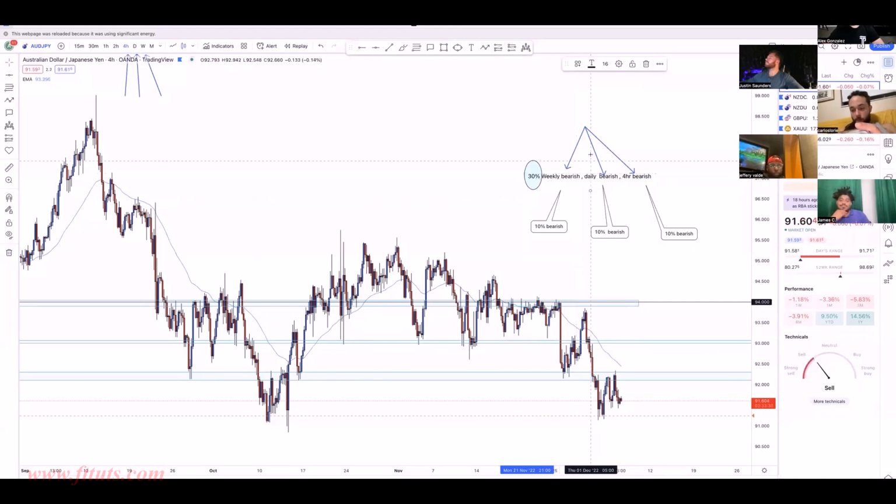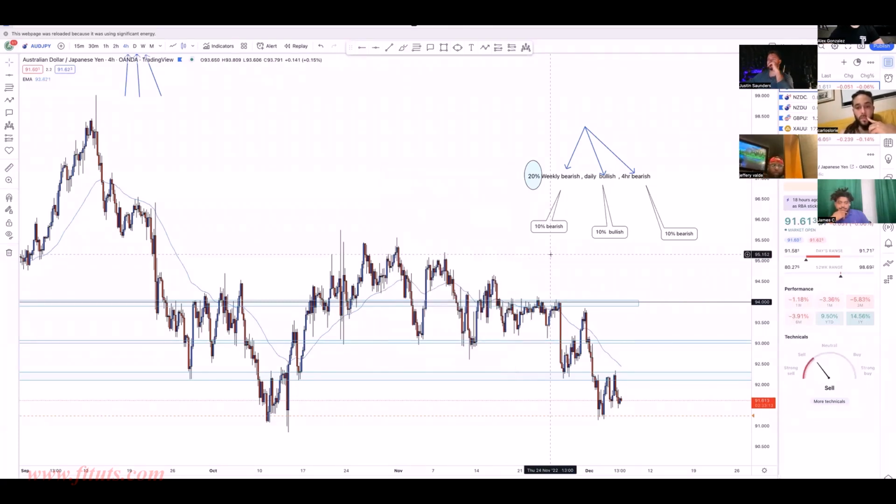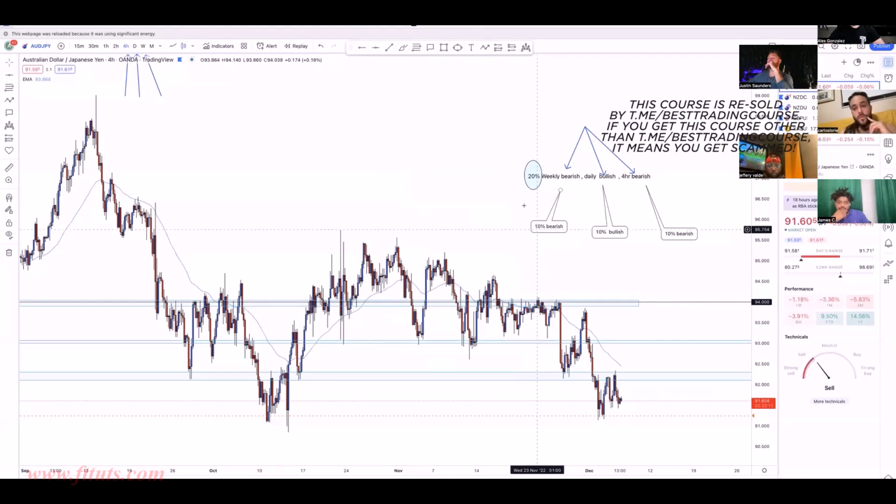So sometimes there's some trades where, let's say this would be bullish, and then this would be bearish. Like this, meaning you have two time frames in sync, one in the middle. So now this would be 20%. Let's say you're looking to sell. Now you have 20% towards your grade.